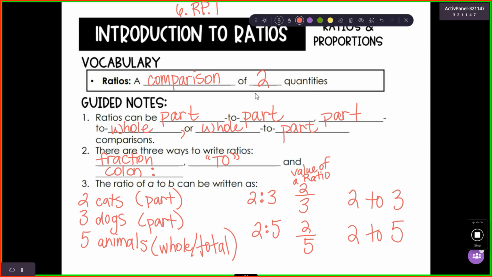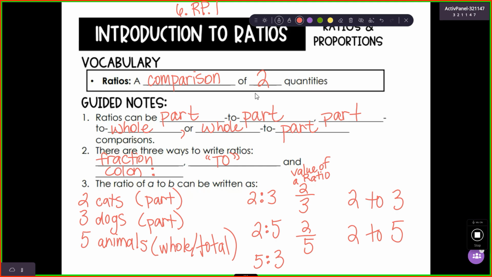But now I want to do whole to part. Okay, so our whole would then go first. Let's pick a different part instead of 2 cats. 3 dogs. All right. So how would I write that as a fraction? 5/3. Order matters. You'll hear me in ratio say order what? Matters.